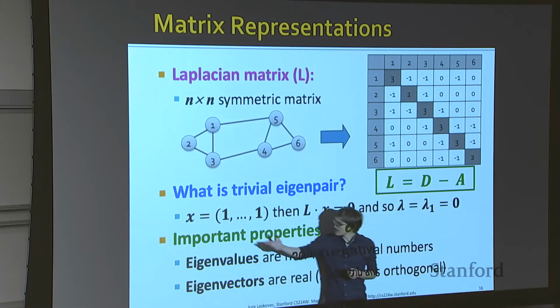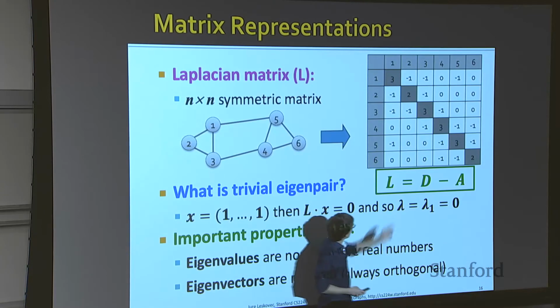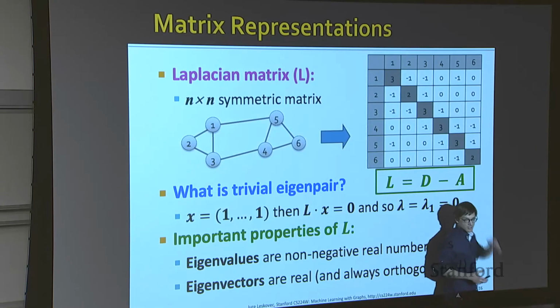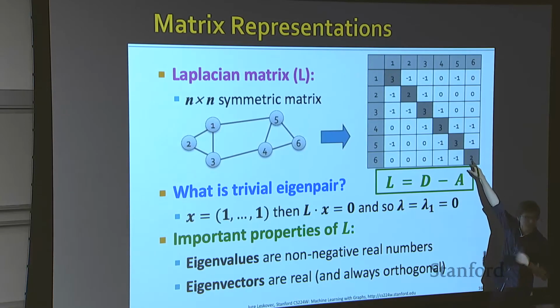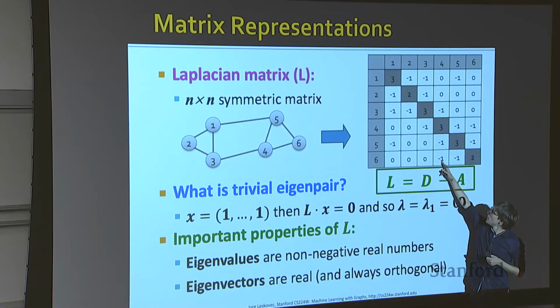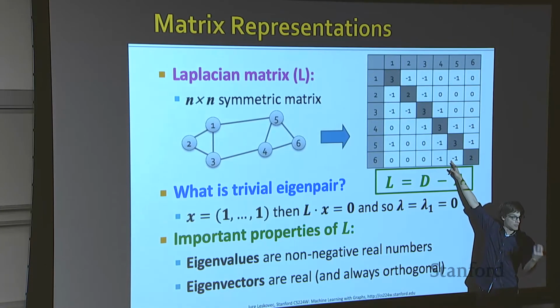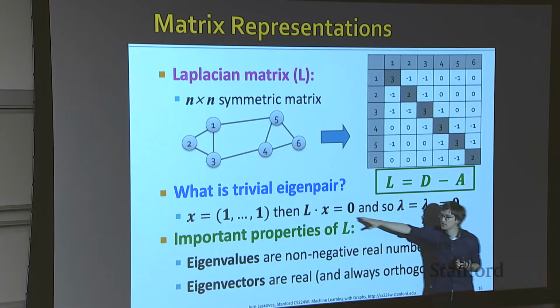Why is that the case? Because every node is summing the values of its neighbors. Because we have entries on the diagonal, we can think of this as a self-loop. So everyone is summing the number of edges they have, which will be minus their degree plus their degree. So this will be 0.